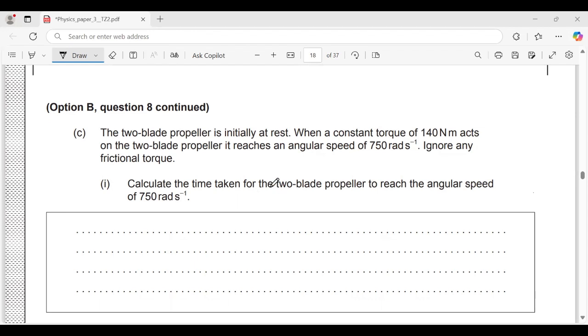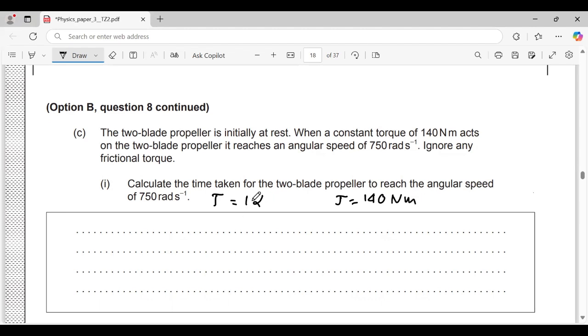We are going to use the rotational dynamics equation, tau equal I times alpha. Alpha is the angular acceleration, tau is constant torque, constant torque is 140 Newton meters.